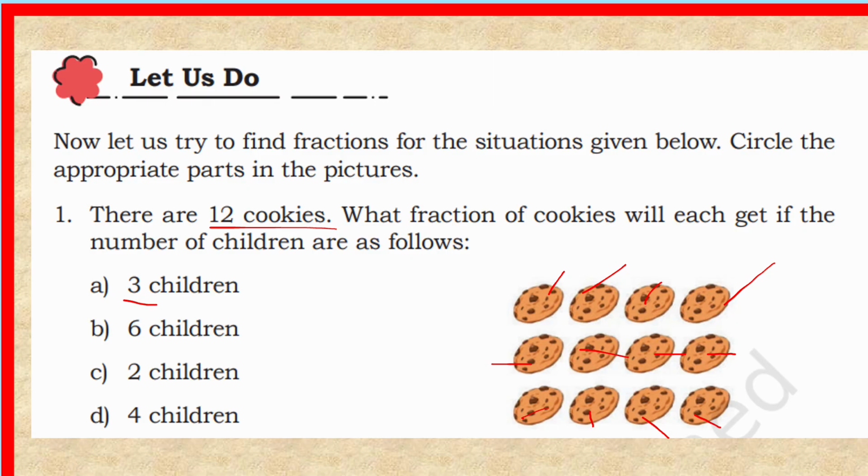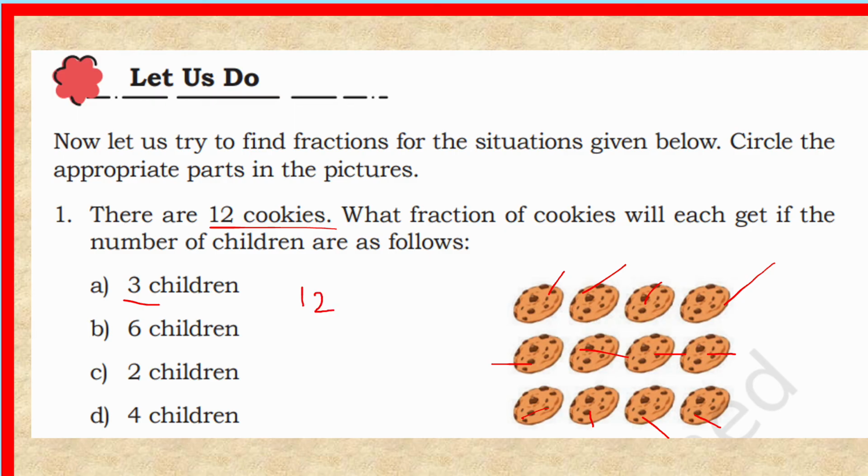See first one, if there are 3 children, then what fraction of cookies will each get? There are 12 cookies. We have to divide the cookies equally among 3 children. So, each child will get how many cookies?